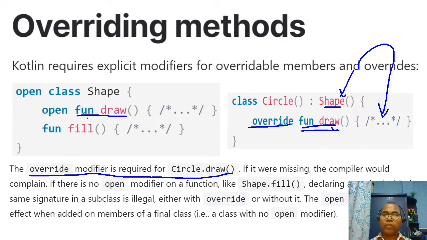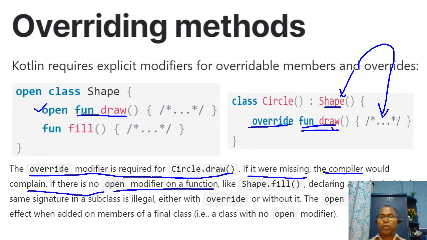So this is final by default. First we have to open it for overriding. If it is missing, the compiler will complain that there is no open modifier for this function. A method with the same signature in the subclass is illegal, with or without override.